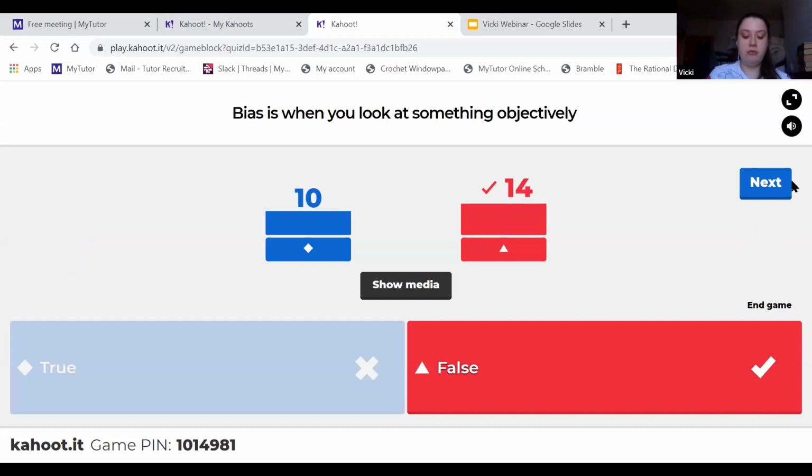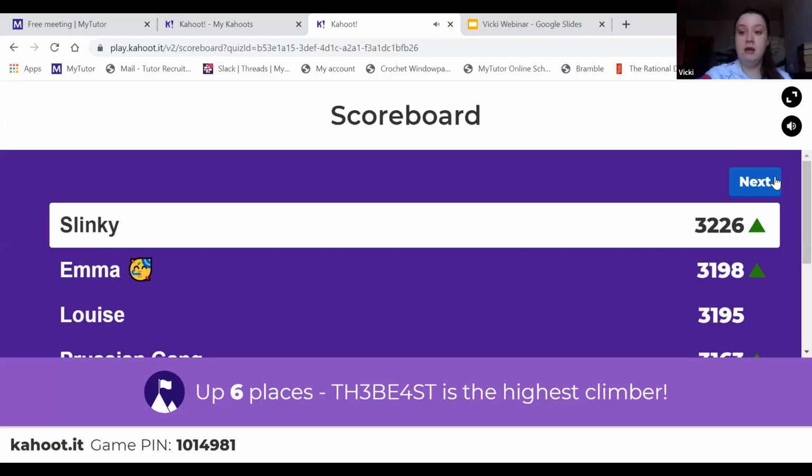If you're looking at something objectively, you are looking at things factually, things that are provable. You're not considering your own opinions or other people's opinions, you're just looking at the provable things, facts, statistics, findings that are in front of you. So that's what makes it objective. Subjective is opinions, basically, which can change from person to person. Slinky's gone to the top.